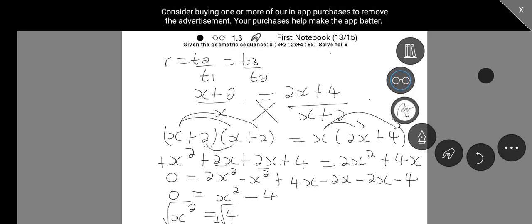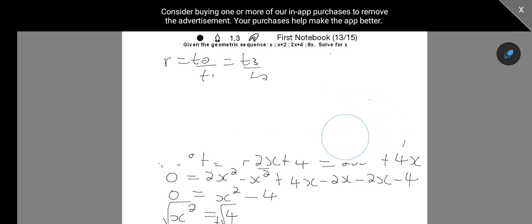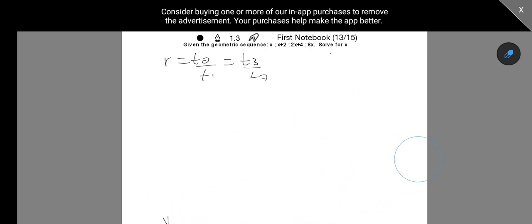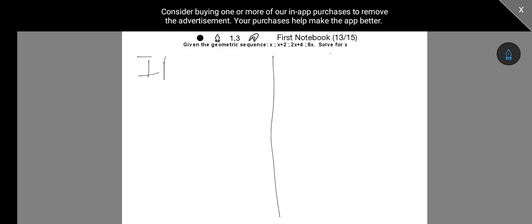So let's erase here. We're going to say that if x is equal to 2, and on this side we're going to say if x is equal to negative 2.